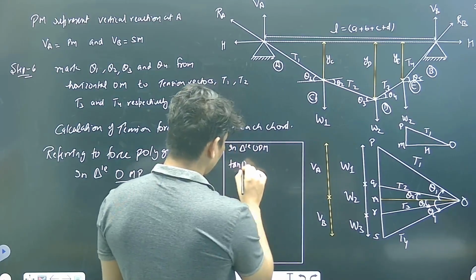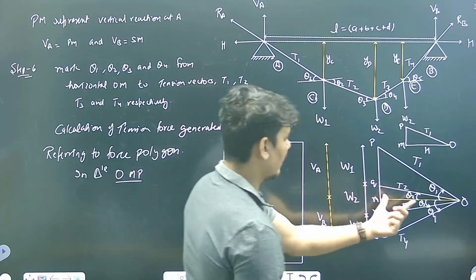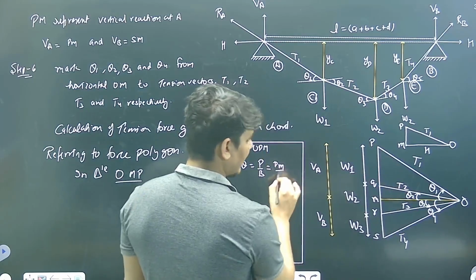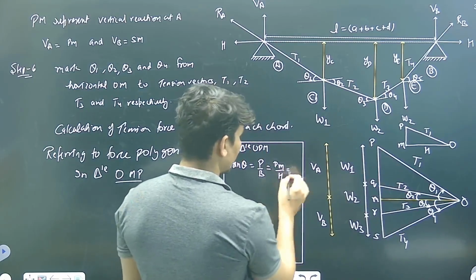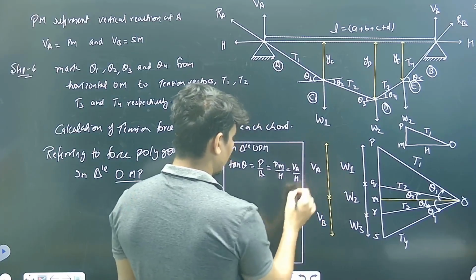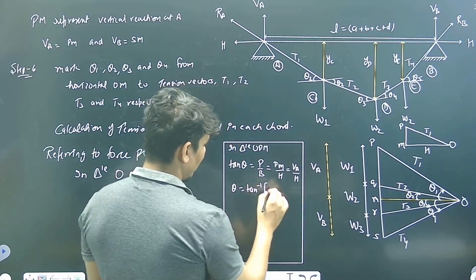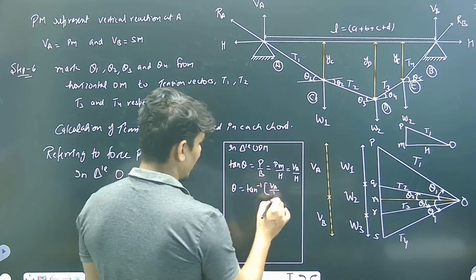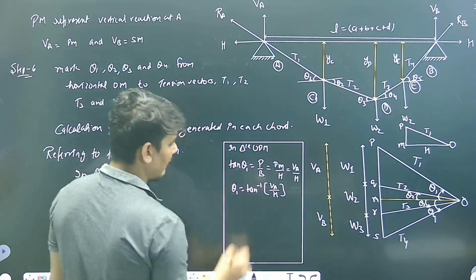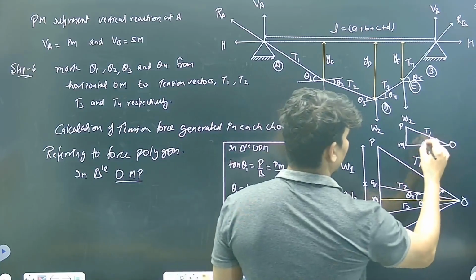Tan theta perpendicular by base का ratio होता है. Perpendicular is PM, base is horizontal thrust. PM is nothing but vertical reaction at A. So theta is equal to tan inverse of vertical support reaction at A by H. मिल गया आपको, theta 1 मिला है, जो एंगल बना है ये theta 1 है.